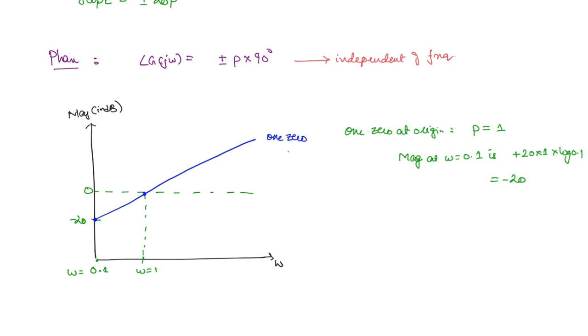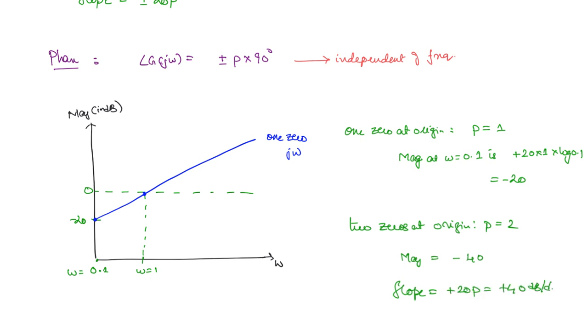That means jω. What about the case when there are two zeros at the origin? Then p is equal to 2, and the magnitude is simply multiplied by 2 compared to the initial one, so this is minus 40 dB. The slope is plus 20p, which is plus 40 dB per decade. The slope is written as dB per decade.